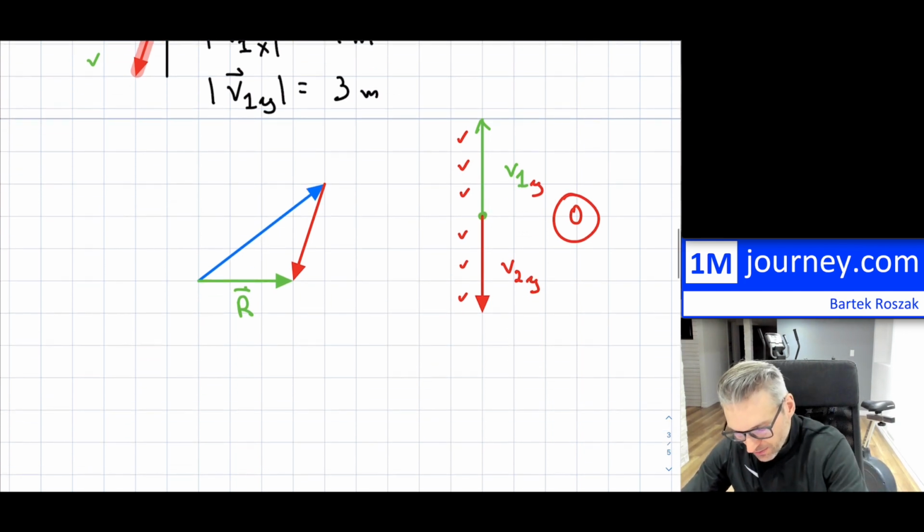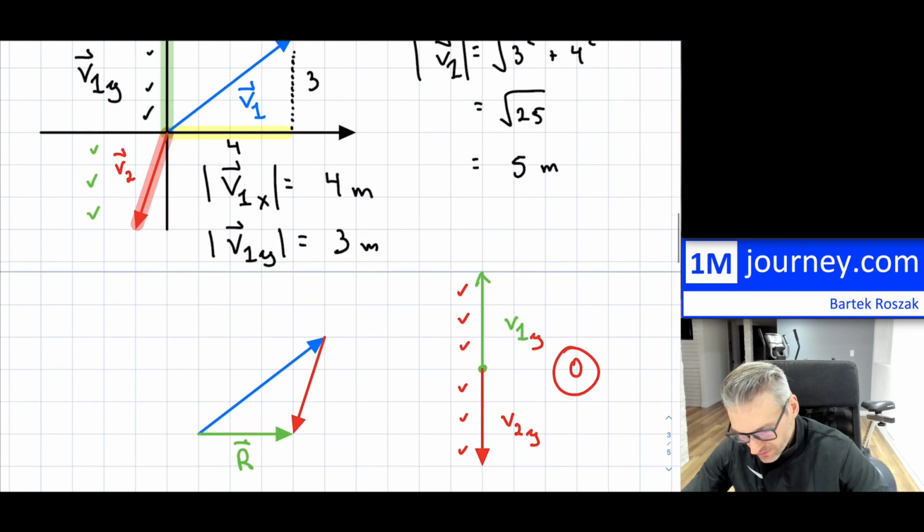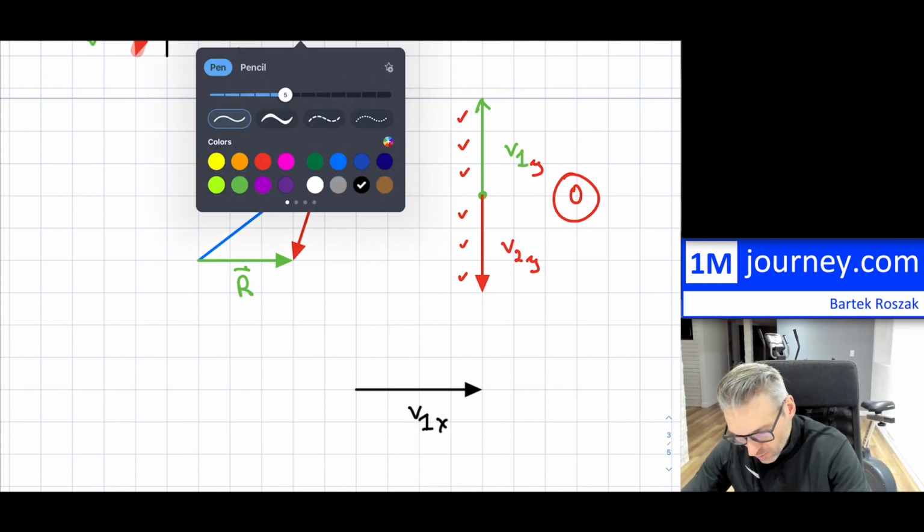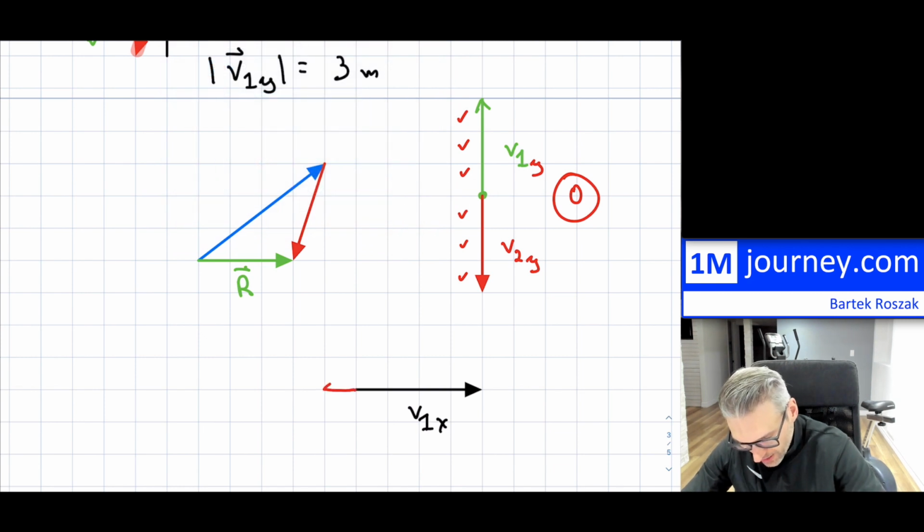And then the x component is 1, 2, 3, 4. That's V1, that actually is the x component. And then the other component is only 1, in the opposite direction, so it's going in this way.